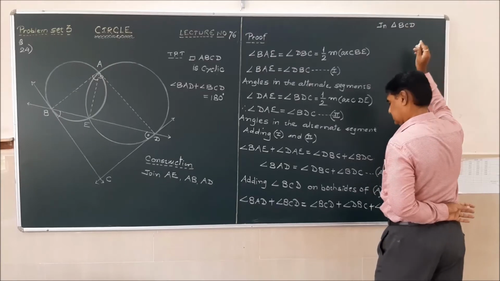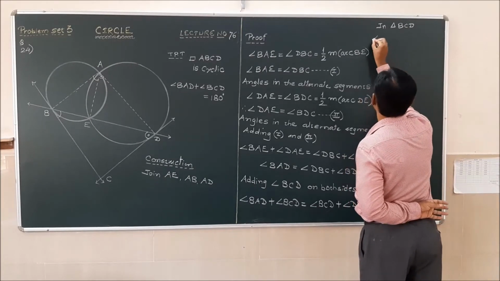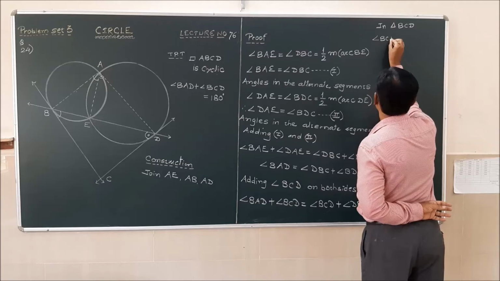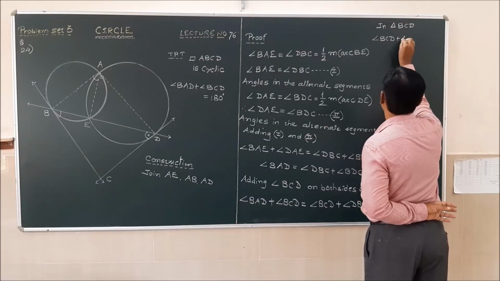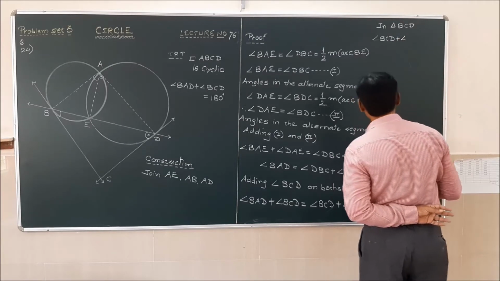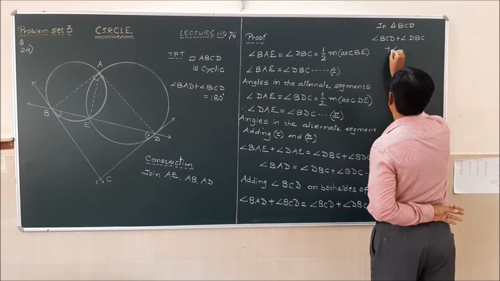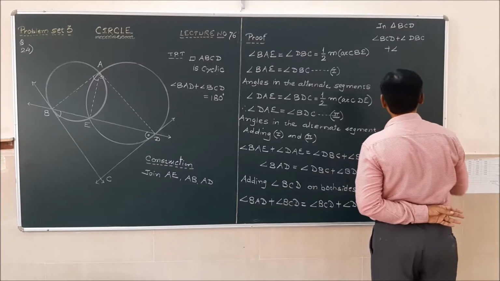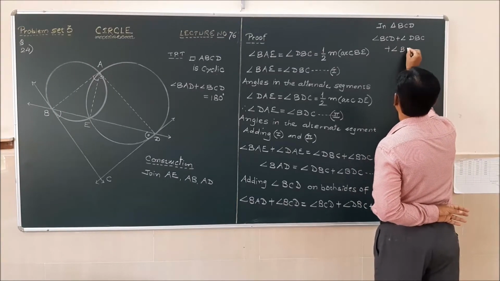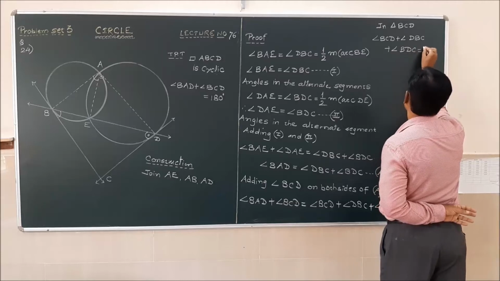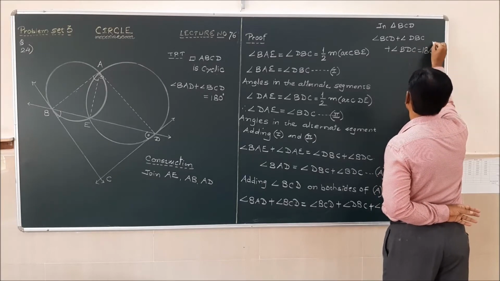In triangle BCD, angle BCD plus angle DBC plus angle BDC is equal to 180 degrees.